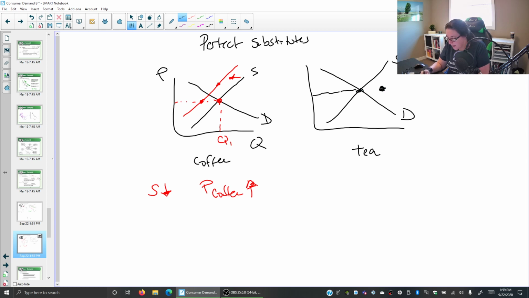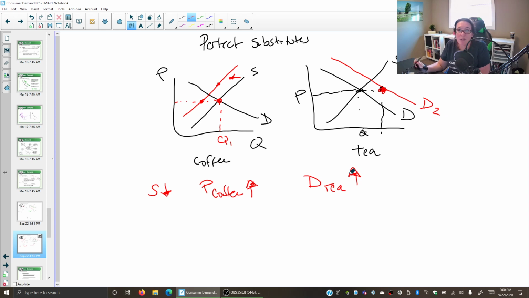So we have all the times we were going to get tea, plus all the times we were going to get coffee are now tea as well. So at the current price, the amount we are willing and able to buy is higher. Notice that point is not on the demand or supply curve. What have we done? We've changed consumer behavior, and so we have changed demand. Demand has increased.